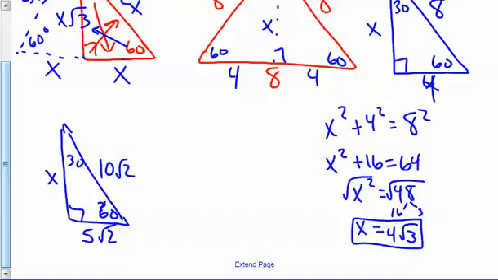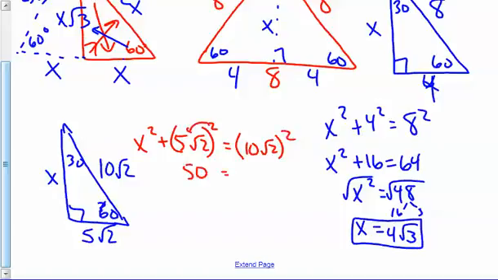And the long leg is x. What would you do? You would say x squared plus 5 root 2 in parentheses squared equals 10 root 2 in parentheses squared. So 25 times 2 is 50. That's 100 times 2, which is 200.